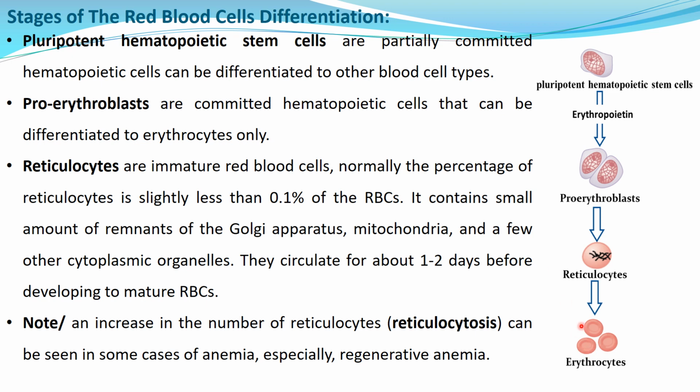So mature red blood cells have no mitochondria, no remnants of Golgi apparatus and other cytoplasmic organelles, but the reticulocyte still has a bit of them.